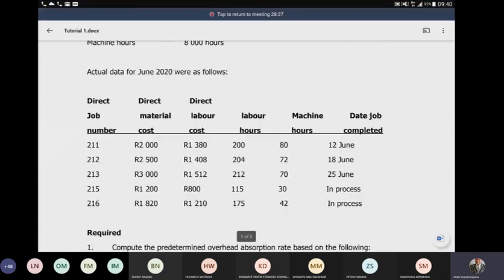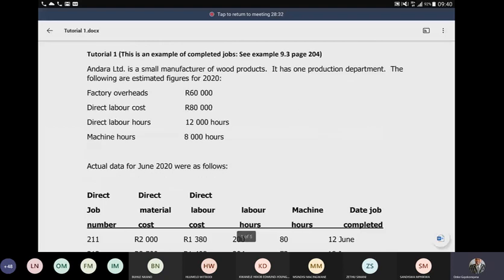So that's the first one. This is your direct labor cost. There it is, the direct labor cost. We have it there.